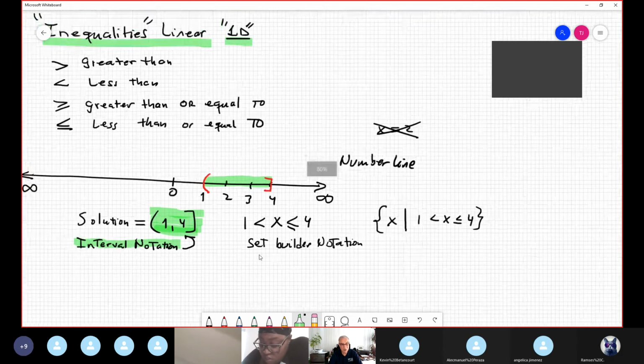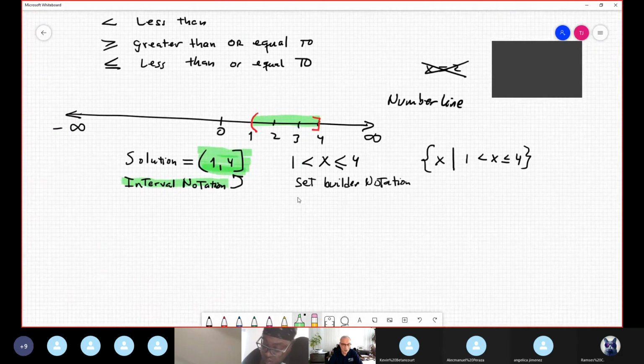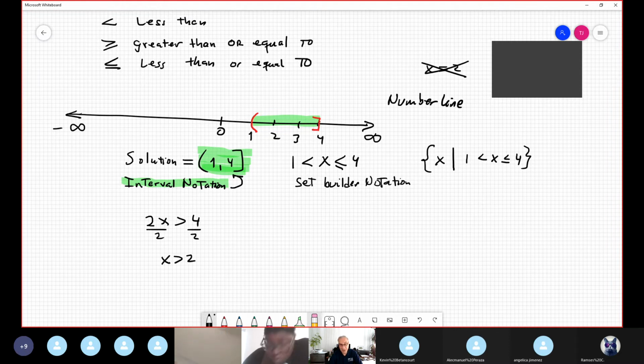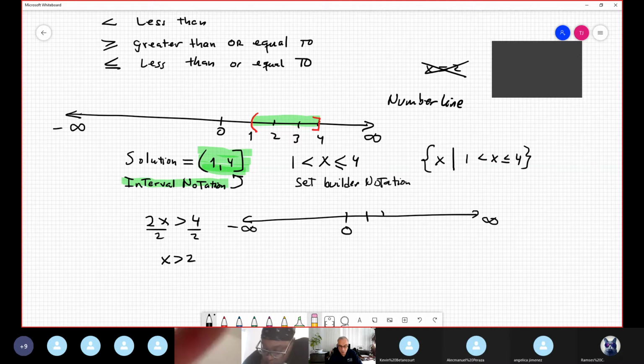One more detail. Suppose you have an inequality like 2x greater than 4. You divide by 2, exactly the same procedure as the equation, and x is greater than 2. Okay, and x greater than 2 means, on the real number line, with infinity positive, infinity negative, 0 in the middle, 1, 2, I highlight the interval using green color.